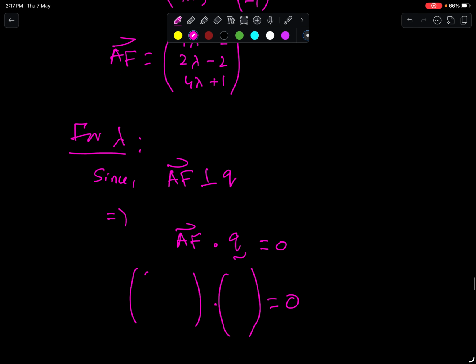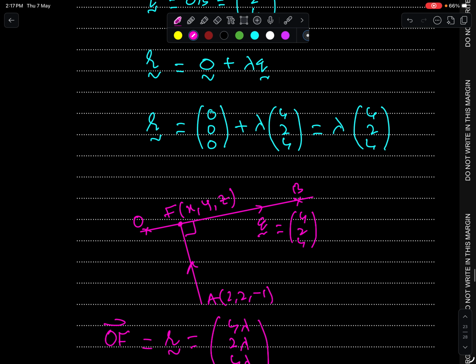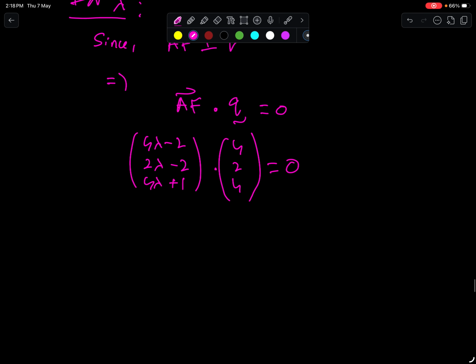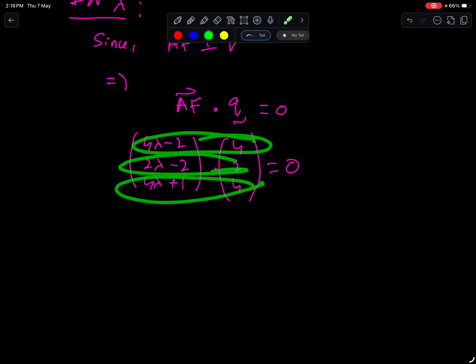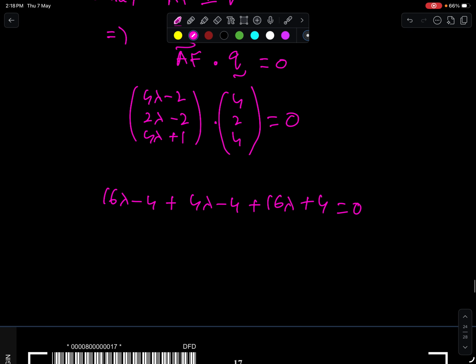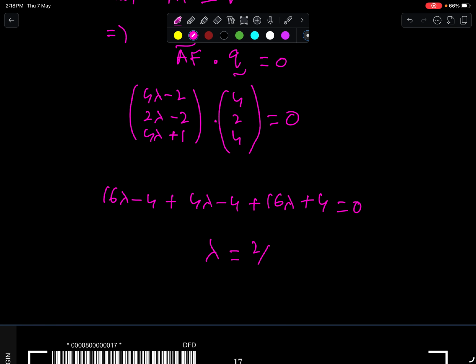So AF is 4 lambda minus 2, 2 lambda minus 2, 4 lambda plus 1, dot Q. Q is 4, 2, 4. Right? Now do straight multiplication and put plus sign between the numbers. So 16 lambda minus 4, then plus 4 lambda minus 4, then plus 16 lambda plus 4 is equal to 0. When we solve this, we will get lambda, which is 2 upon 9. Right?